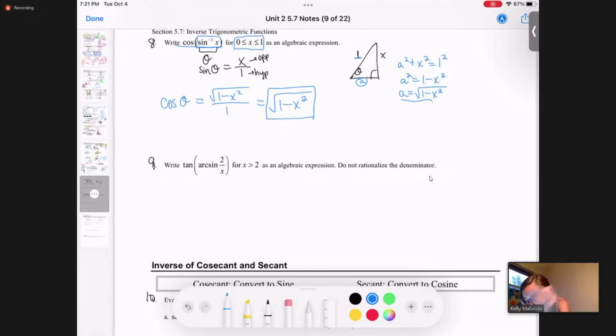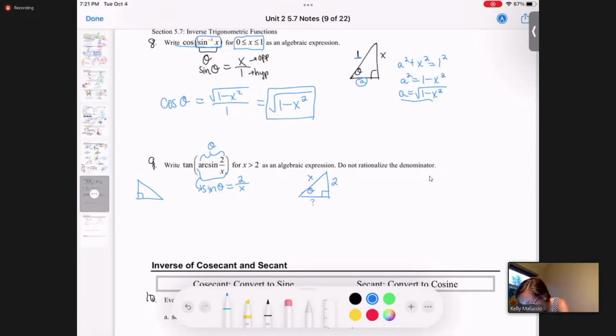So now I have arc sine of 2 over x. Let's call this whole thing theta. This is telling me that sine of theta is 2 over x. And so again, I can just draw a right triangle. It doesn't matter which way it's drawn, as long as the opposite side is 2 and my hypotenuse is x.